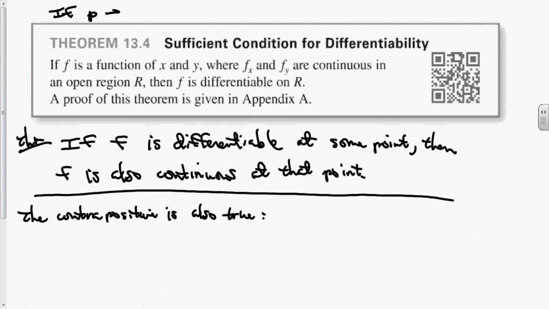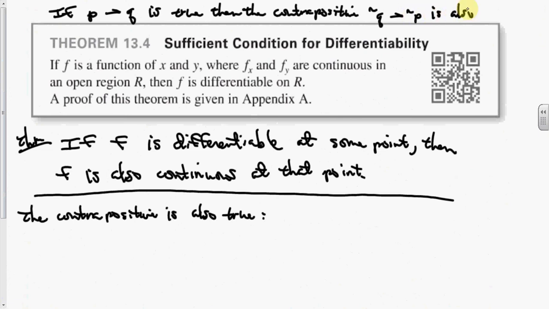If P implies Q is true, then the contrapositive, not Q implies not P, is also true.